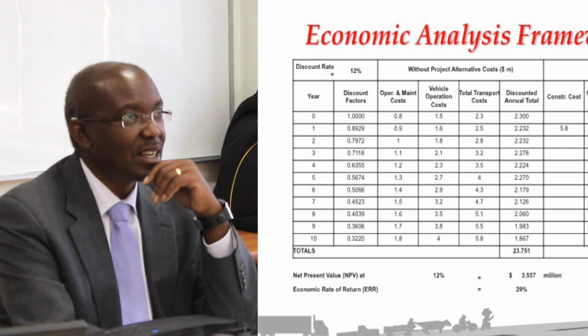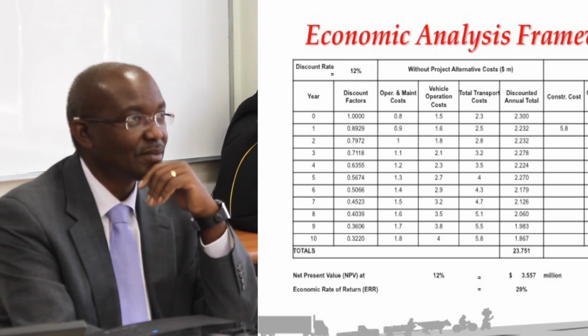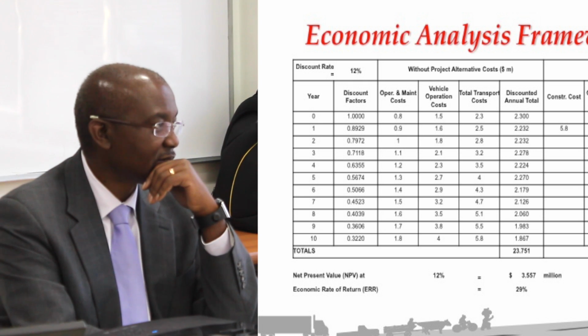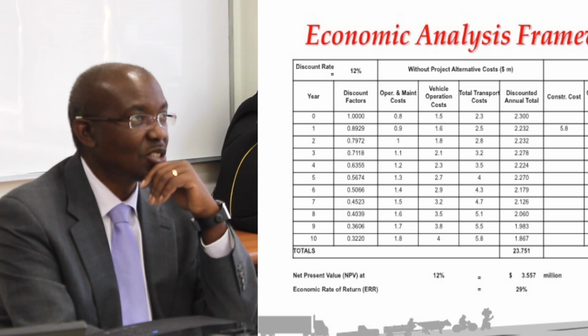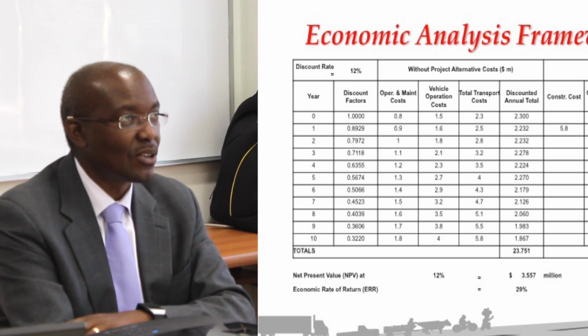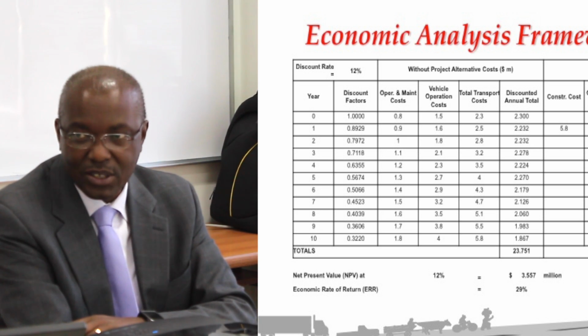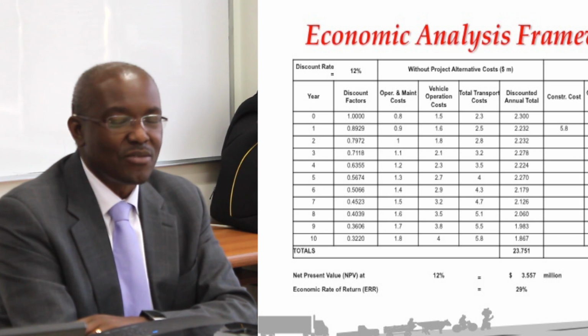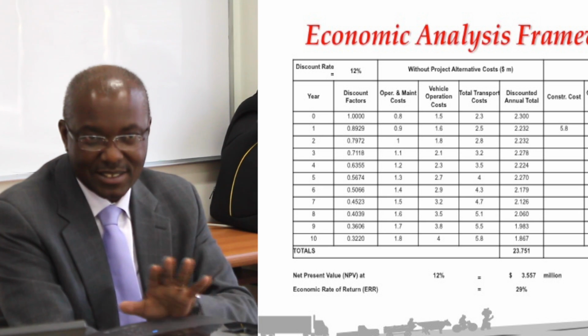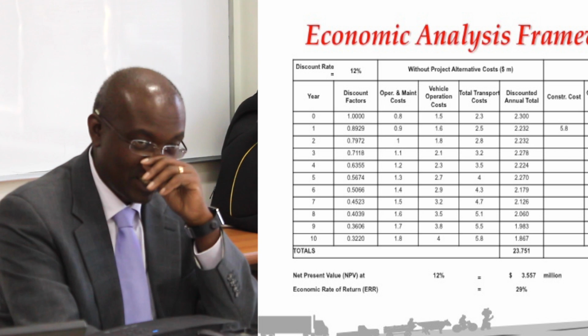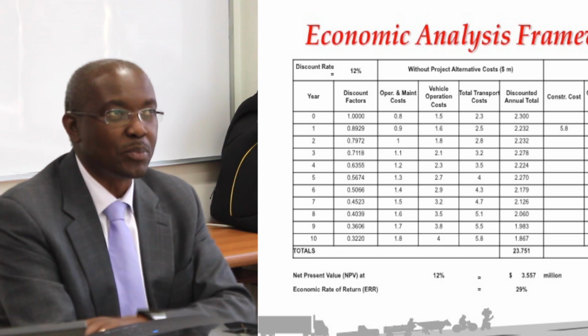And these are in $1 million cumulative per year for each year. These streams are undiscounted. Okay, so the total transport cost is basically the operation and maintenance cost plus the vehicle operating costs. Now, this is a very simplified discounted cash flow analysis, just to illustrate the point.